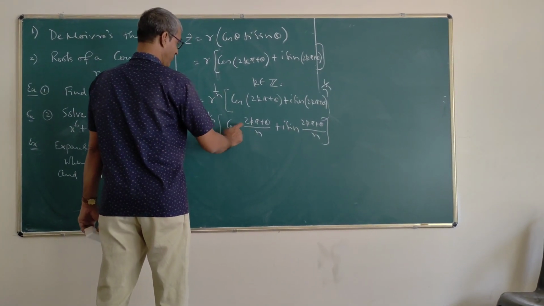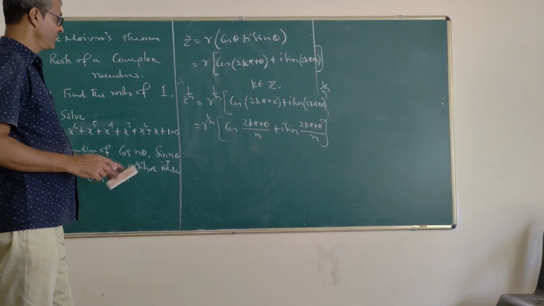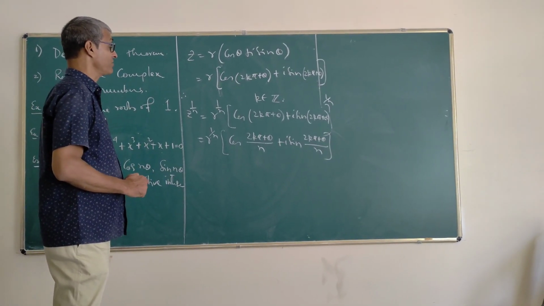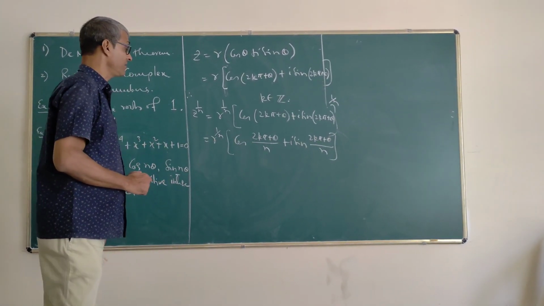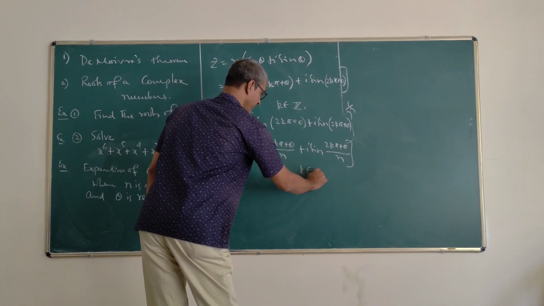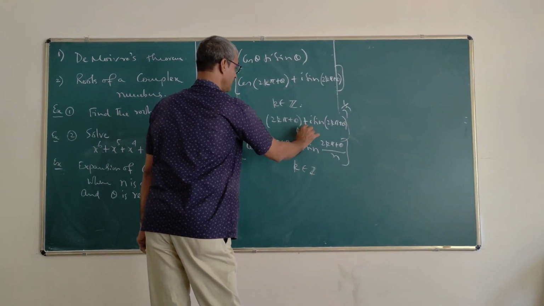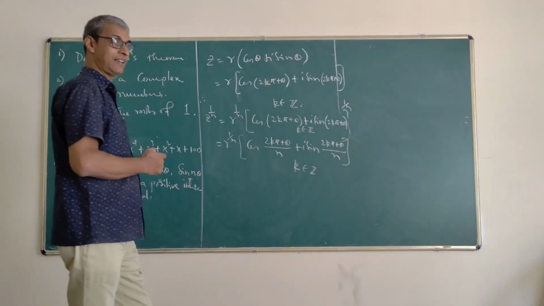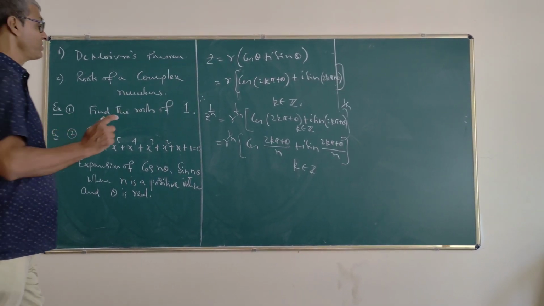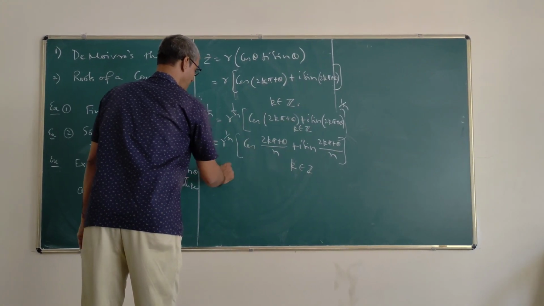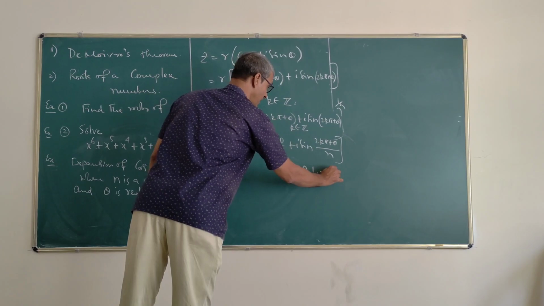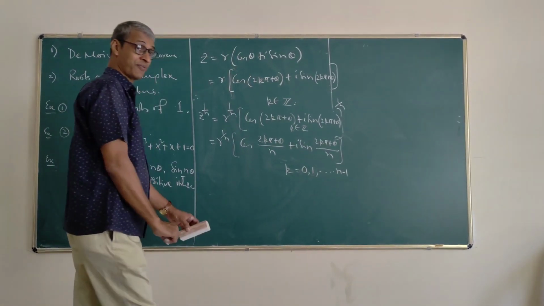Now we have to consider the nth roots, the n values of z to the power 1 by n. So what about the values of k? K is an integer, so we have infinite values of k. Out of these infinite values, we consider only n values, and those are distinct. So we consider k from 0, 1 up to n minus 1.